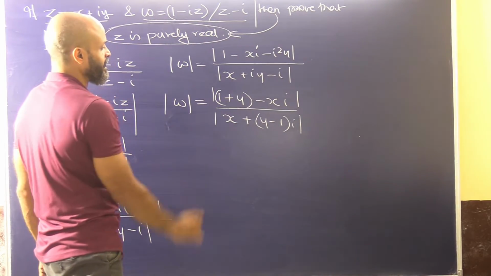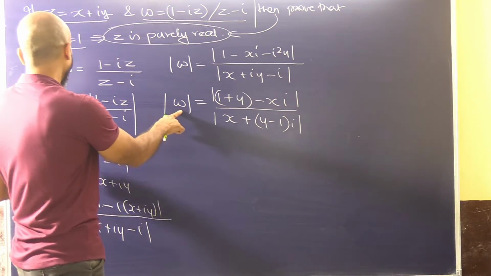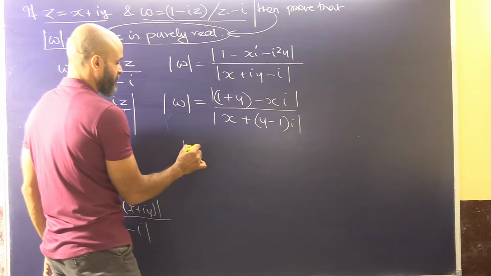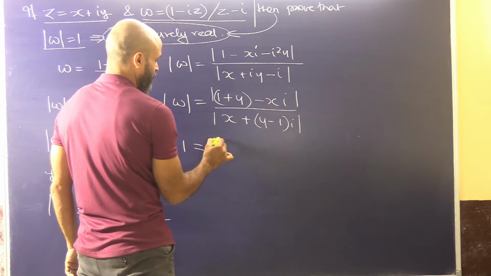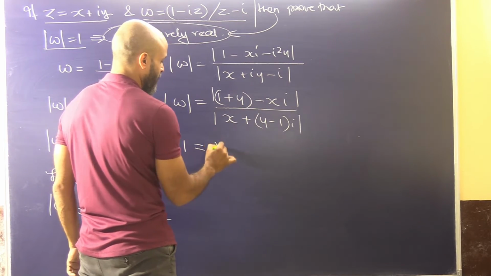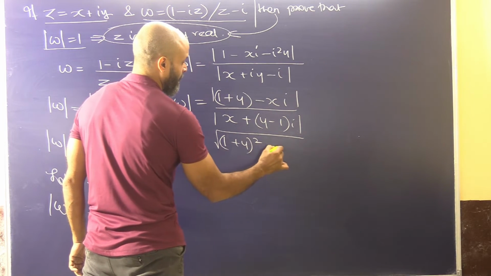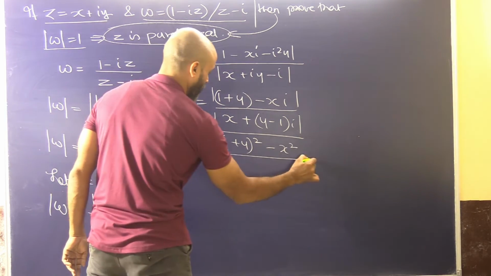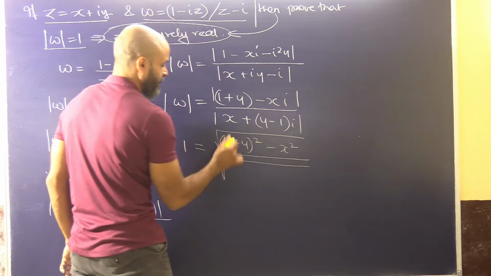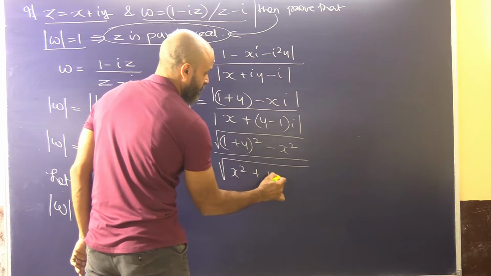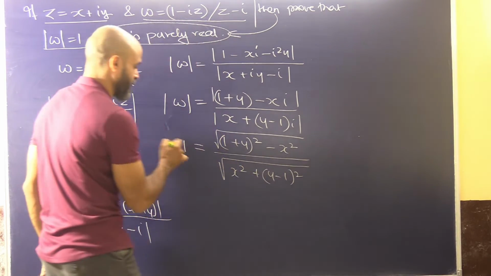What will be the mod of this one? We know mod of this is 1. So this will be under root of (1 plus y) square plus x square upon under root of x square plus (y minus 1) square is equal to 1.